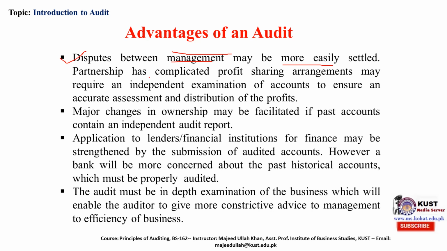Here is an example of a partnership, which is a complicated type of business. Usually conflict arises due to profit sharing arrangements. So it requires an investigation of the accounts to ensure an accurate assessment of the distribution of the profit according to the contract between the partners or not. So the first advantage of the audit is to resolve the conflict between the management or the partners of the company.